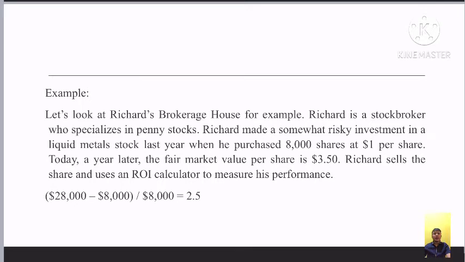Today, a year later, the fair market value per share is $3.50. Richard sells the shares and uses an ROI calculator to measure his performance. 28,000 minus 8,000 divided by 8,000 equals 2.5.